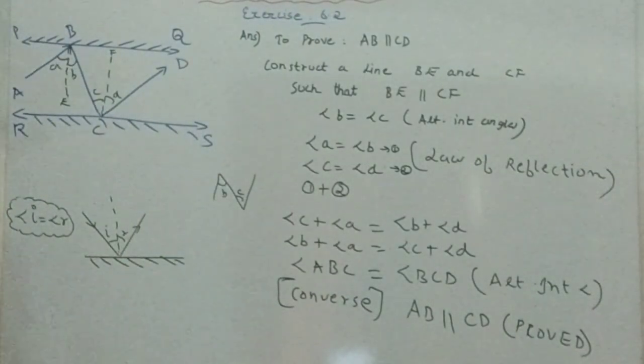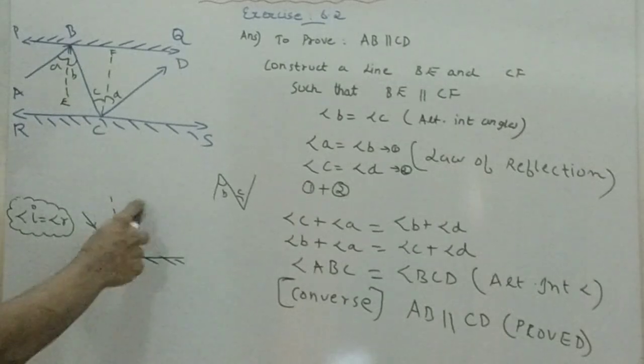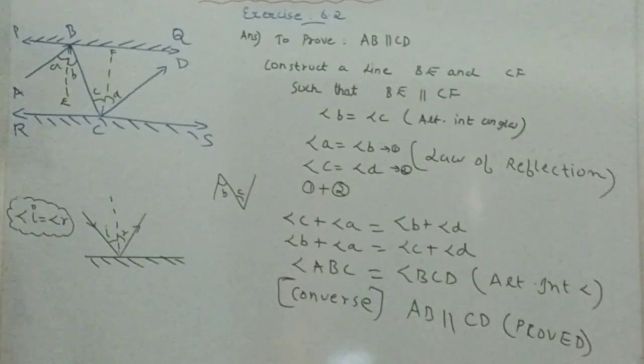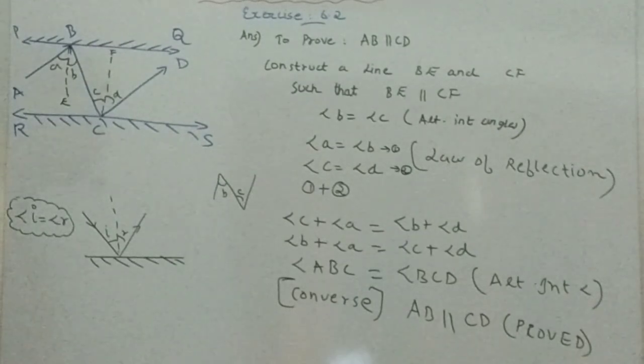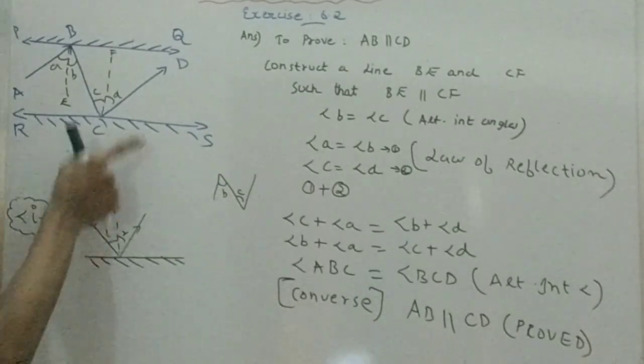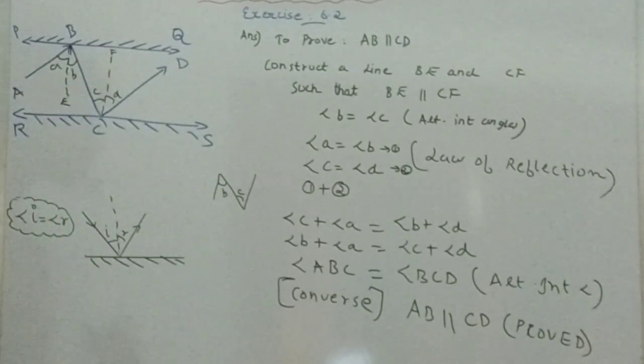Now, here we have to use a concept of physics. You have learned the laws of reflection, isn't it? That is, the angle of incidence, the angle of reflection and the normal all lie in the same plane at the point of incidence. Similarly, we have also learned that the angle of incidence is equal to the angle of reflection. The same concept we are using over here. That is the second law.